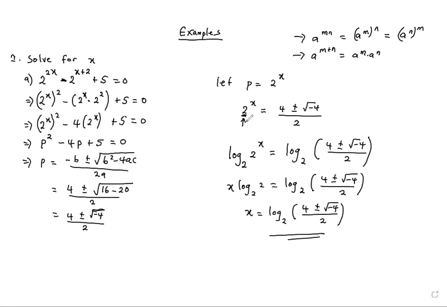So x will be dropped from the power to something standing on its own, but being multiplied by the log. The reason why you want base 2 is so that you remain with log 2 of 2, which you know is 1, so that x will remain alone. To avoid changing anything, whatever I do on my left, I do on the right.